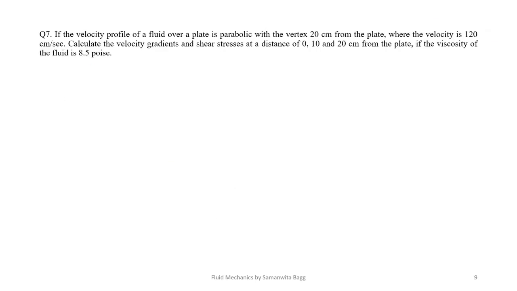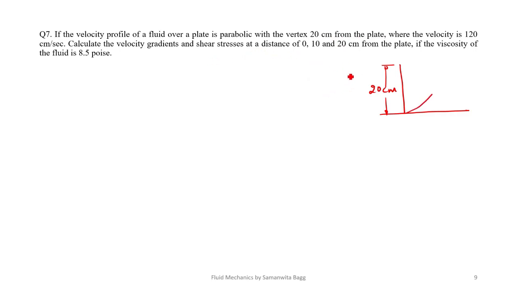Let's take up one last numerical. If the velocity profile of a fluid over a plate is parabolic with the vertex 20 centimeter from the plate. So this is your plate. From here your topmost surface is given at 20 centimeter maximum height, where the velocity is 120 centimeters per second.